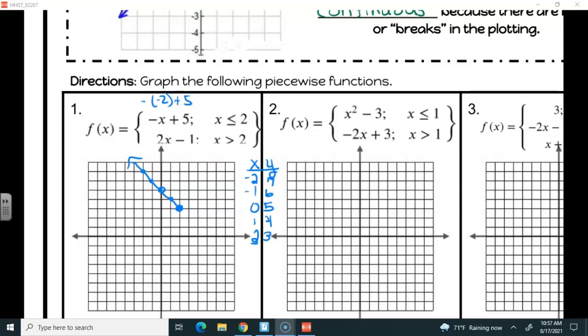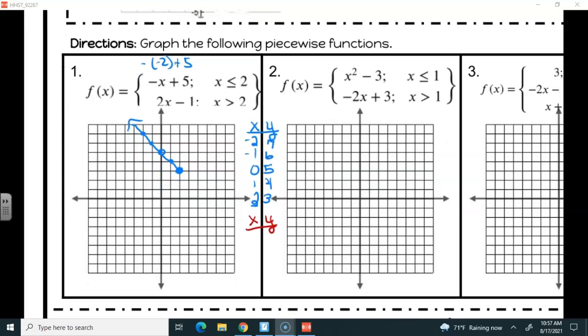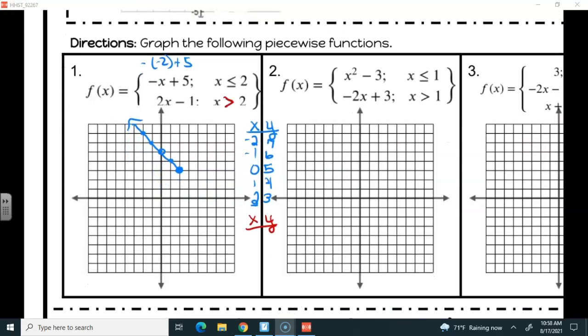Okay, now let's look at the second one. So I'm going to do another t-chart here with red. And now I'm going to do values greater than 2. So 2, 3, 4, and 5. If I plug 2 in place of x, 2 times 2 is 4, minus 1 is 3.